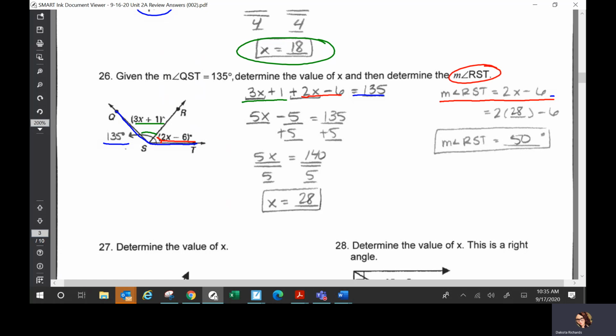We know that x is 28, so you're going to plug in a 28 here for x. 2 times 28 minus 6 is 50. Okay, thumbs up. Moving on.